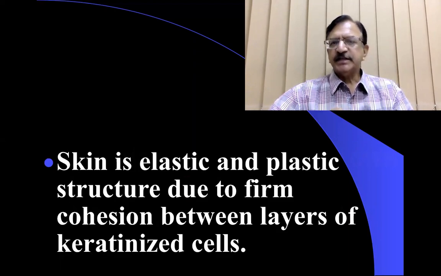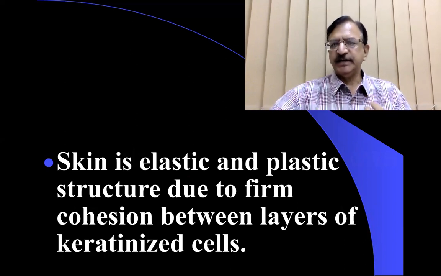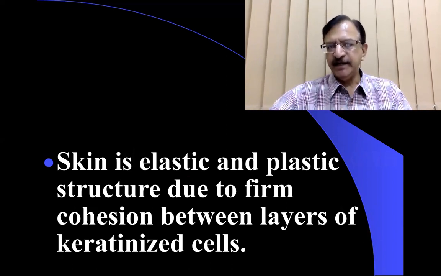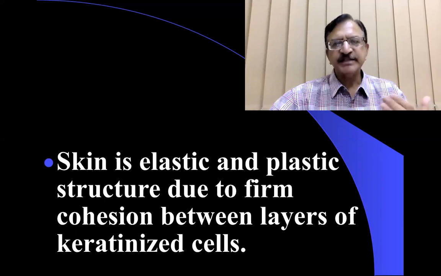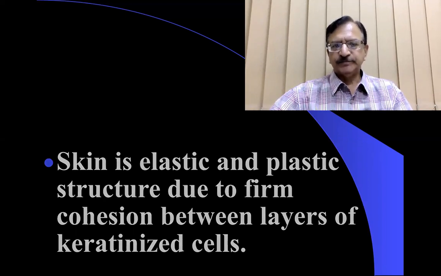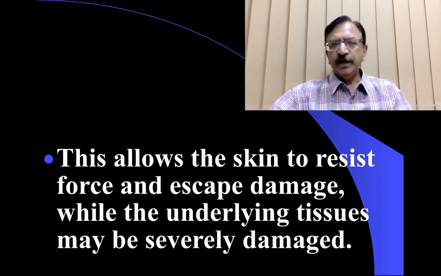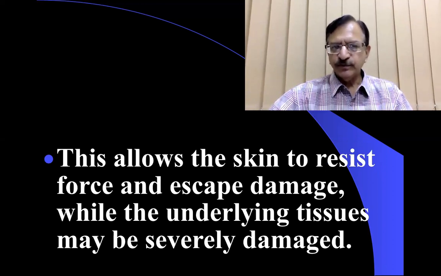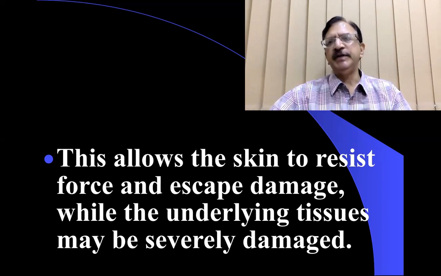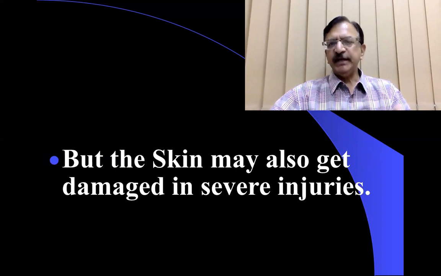Skin has elastic and plastic properties within it, the plastic due to firm cohesion between the layers of its keratinized cells. This allows the skin to resist force and escape damage, while the underlying tissues may be severely damaged. But the skin may also get damaged in severe trauma.